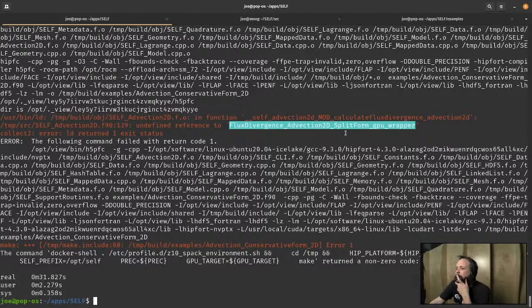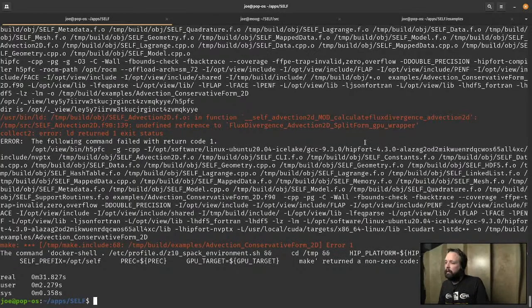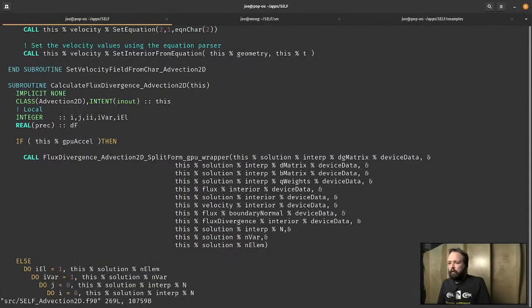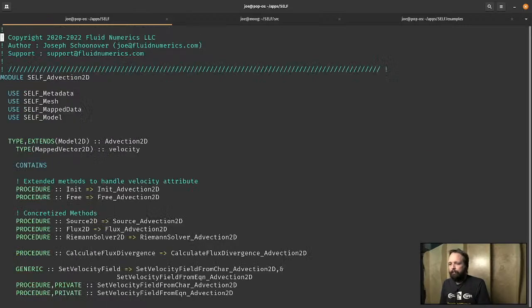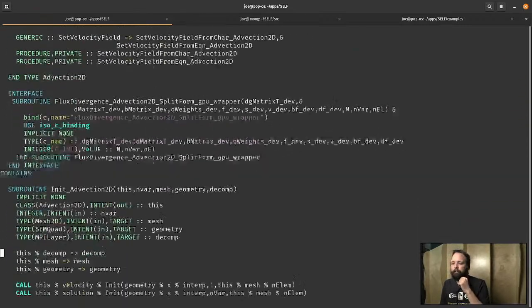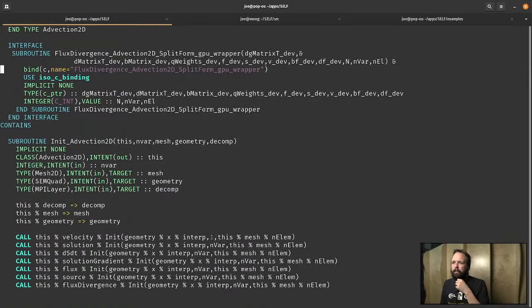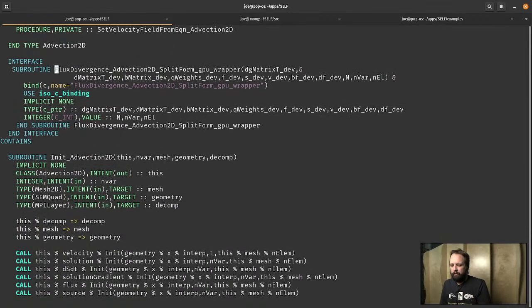Let me make sure I got all my spelling right, because this is just going to be another spelling error, I think. So this is 139. Yep, that's this line. So again, let's grab that.